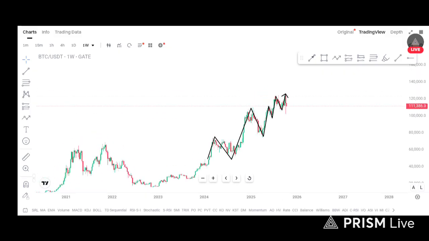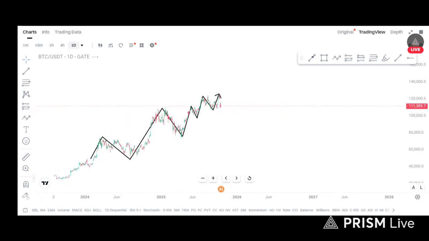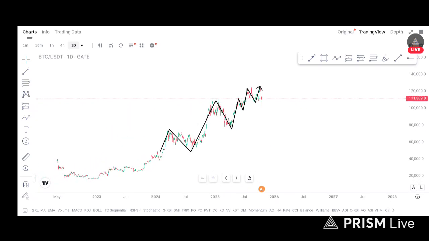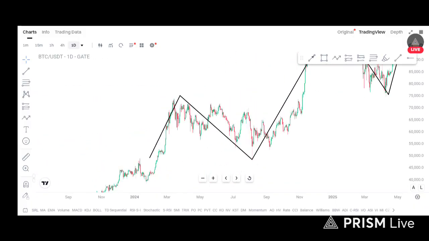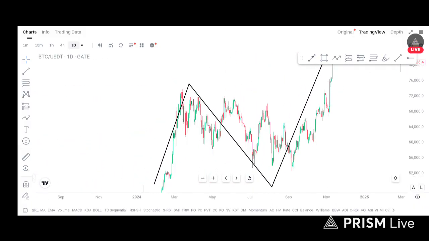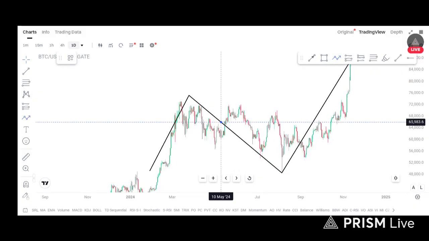Okay, now let's step to the next time frame lower, which is the daily. It is the lower time frame to the weekly. Okay, let's step into the daily. What are you seeing? Let's zoom in. What are you seeing? A downtrend. Very simple. A downtrend here. Let's mark it out.